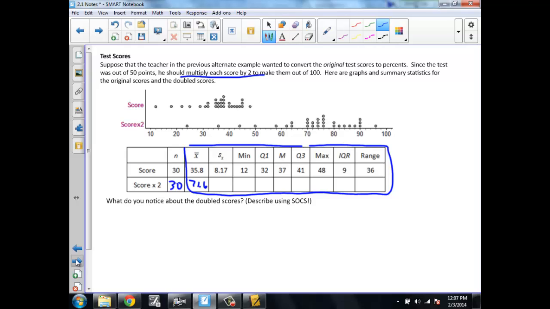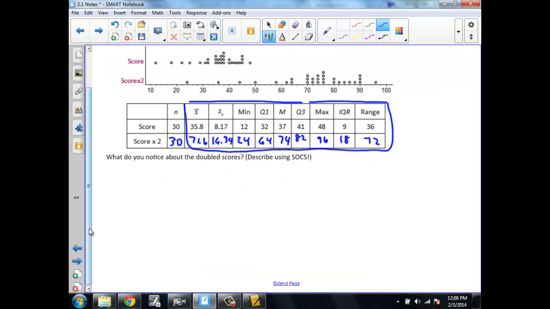It's going to impact the mean. It's going to impact the standard deviation. It's going to impact your minimum. So what happens? The center, the spread, the location of all these values, center, spread, and location are all doubled, multiplied by 2.